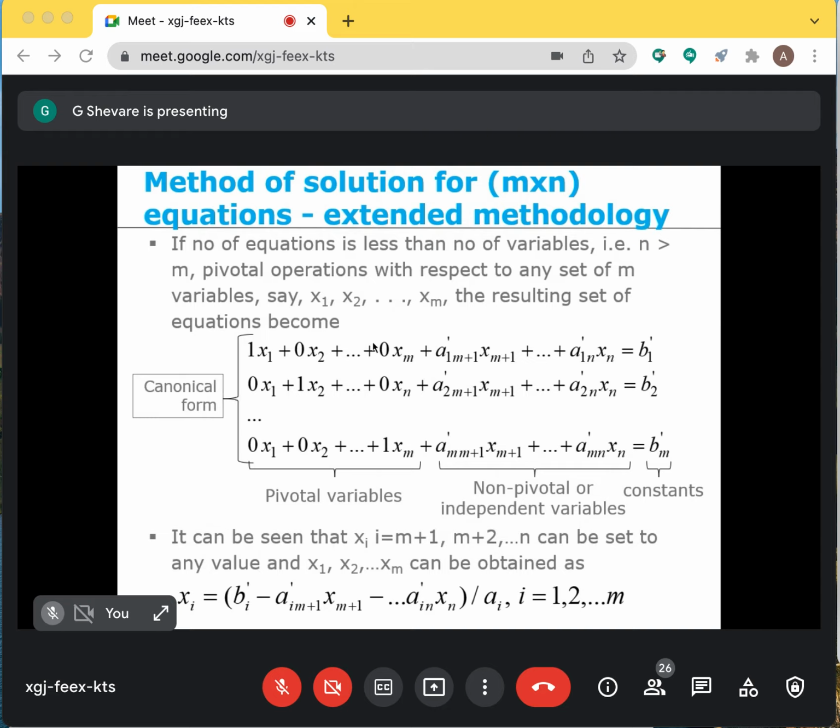Just look at the way it is. If you do this job, the first m terms of the m equations would be very similar to what we did in the earlier slide.